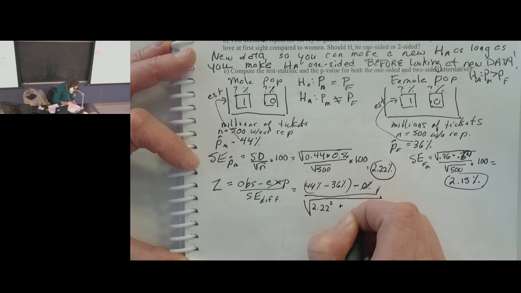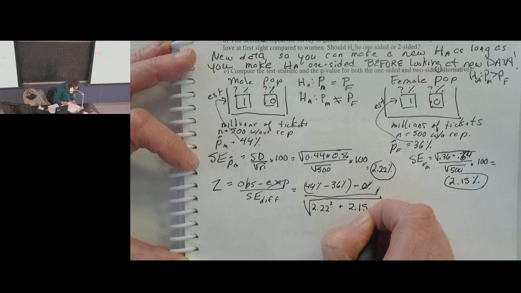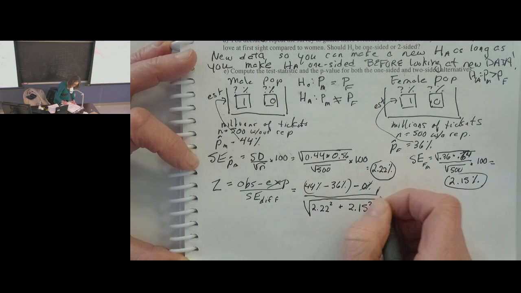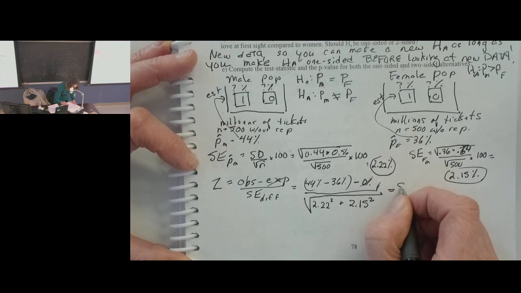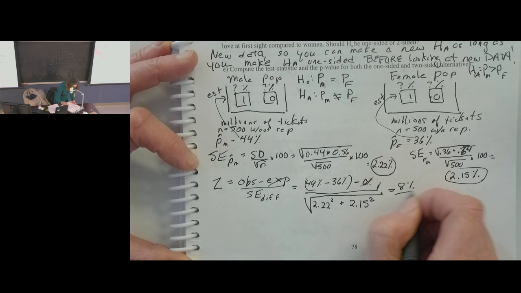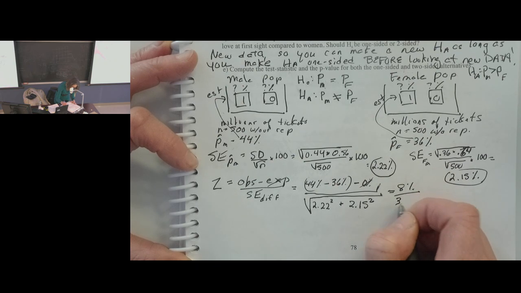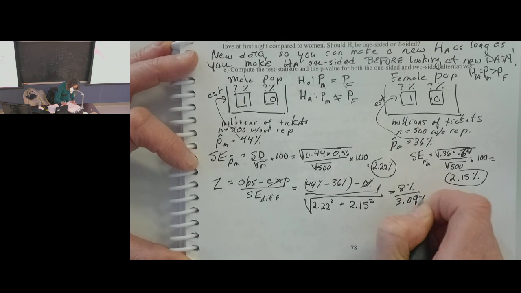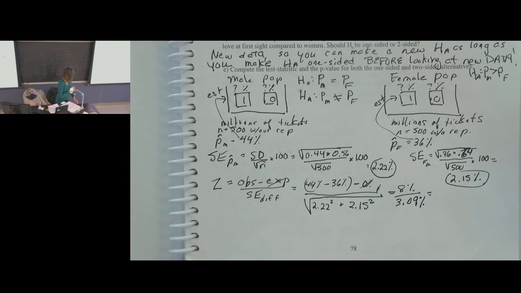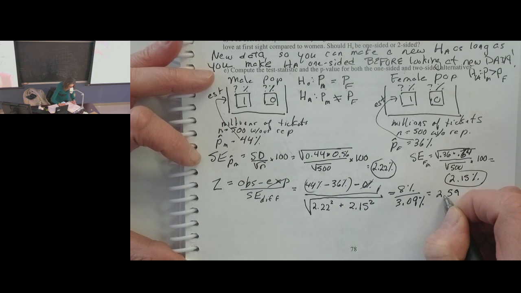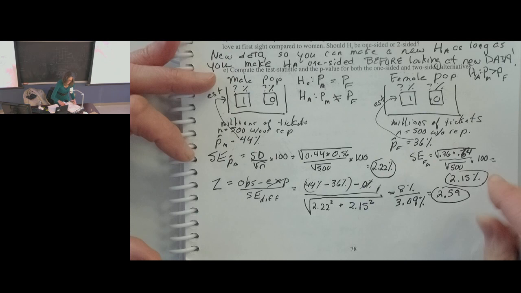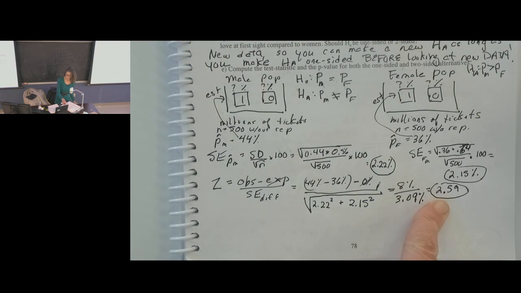These are percents, plus 2.15 squared. And the percent cancels out, and we get 8% over 3.09%. Then the percents cancel out, and we just get this pure z-score, in standard units, equal to 2.59. Now you should look at that, it's a z, so you should know that's pretty significant.